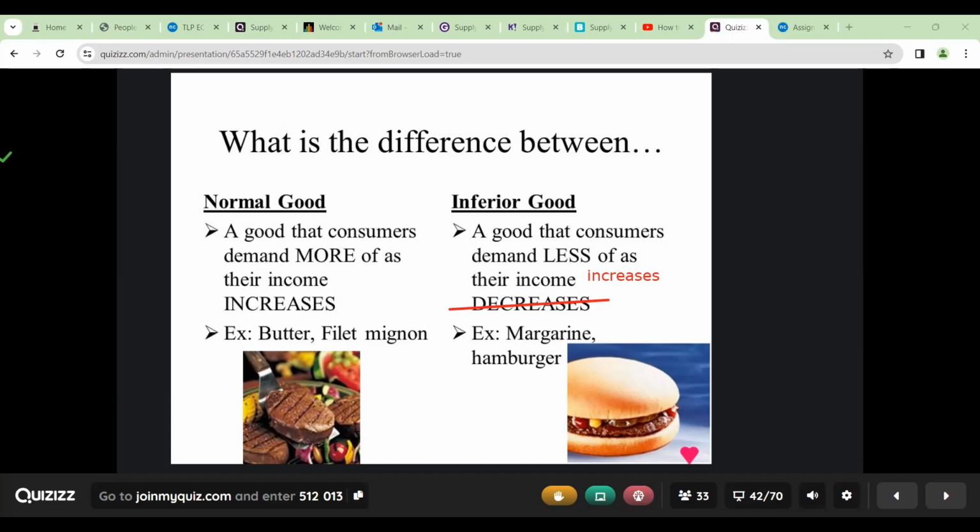However, that's not usually the case. But if I had higher income, I would still buy inferior goods because I would want to save money. But statistically, people buy more normal goods in that case.